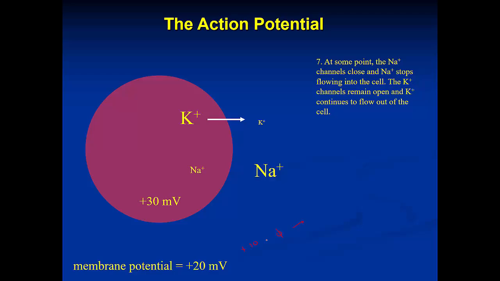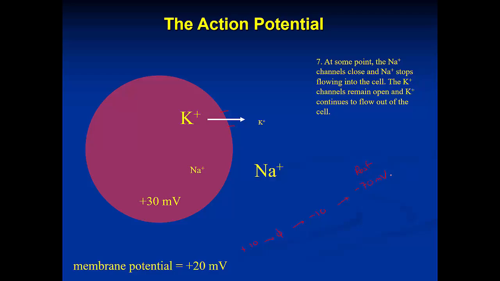Then we're going to repolarize, right? Minus 10, etc. Okay, so this potassium channel is going to stay open for quite a while. Potassium is going to flow out of the cell until eventually we get back around our resting membrane potential.